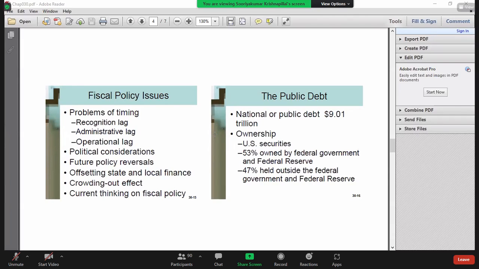The government now increases expenditure, but it will not immediately increase output, reduce unemployment, or reduce prices. So it takes time. This is the operational lag. So for fiscal policy to affect the economy, there are many delays: recognition lag, administrative lag, then operational lag.